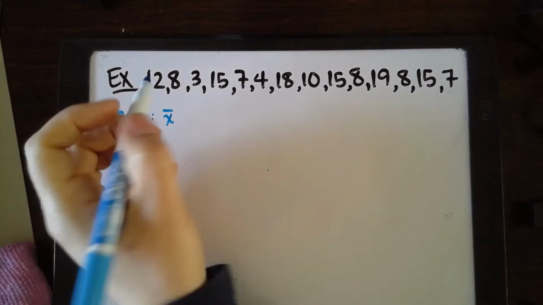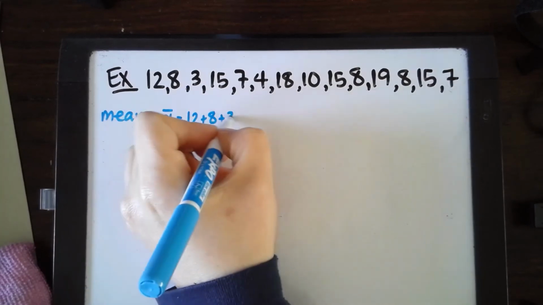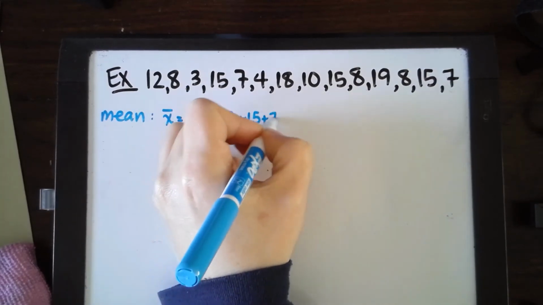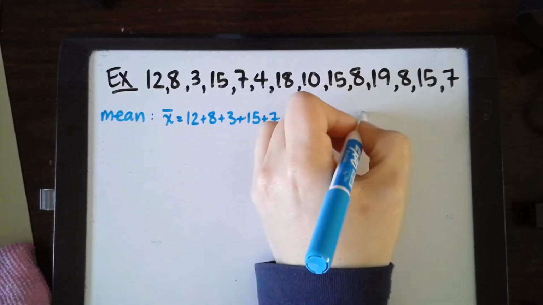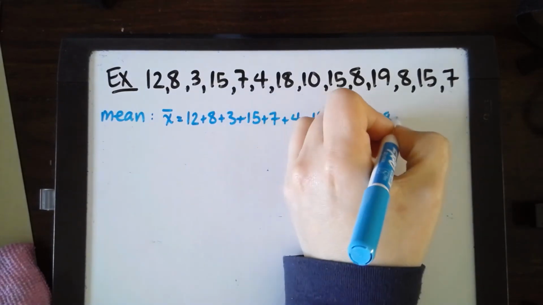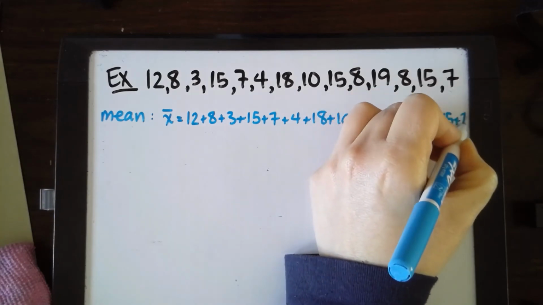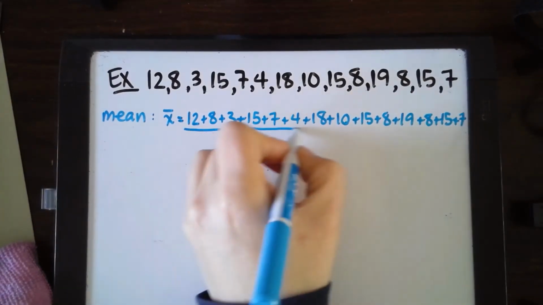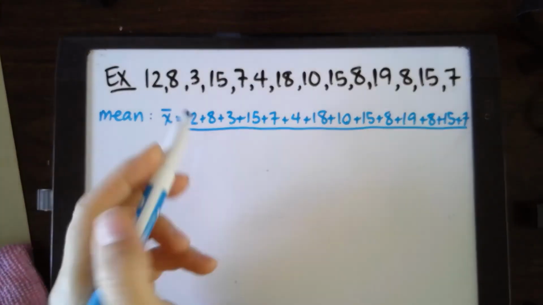X bar means we take all of the numbers that we have and we add them all up. You've done this plenty of times when you found your average, probably on your report card, or a mark in class, or maybe in some sports stats.